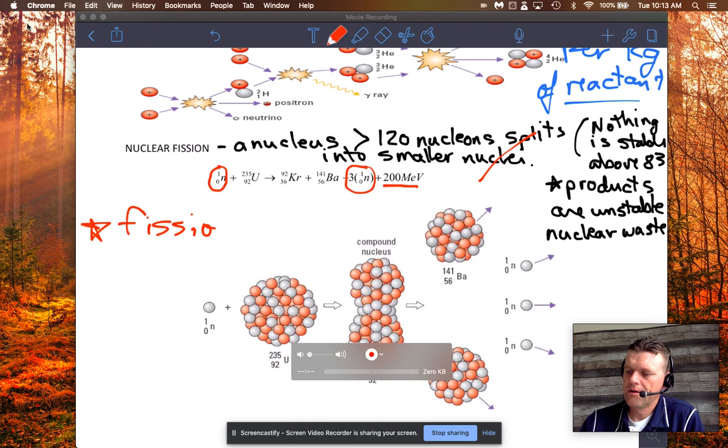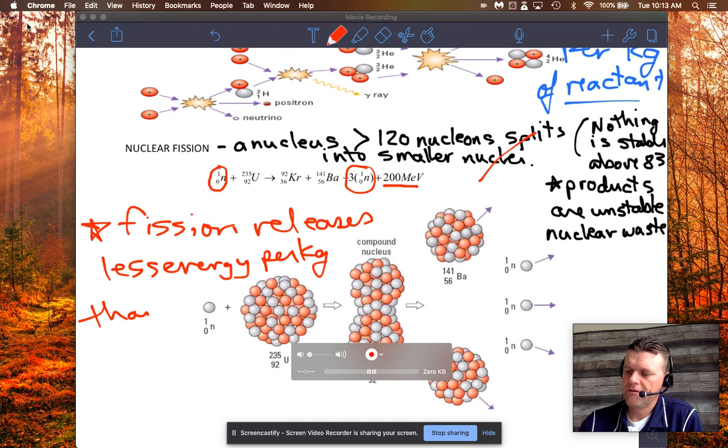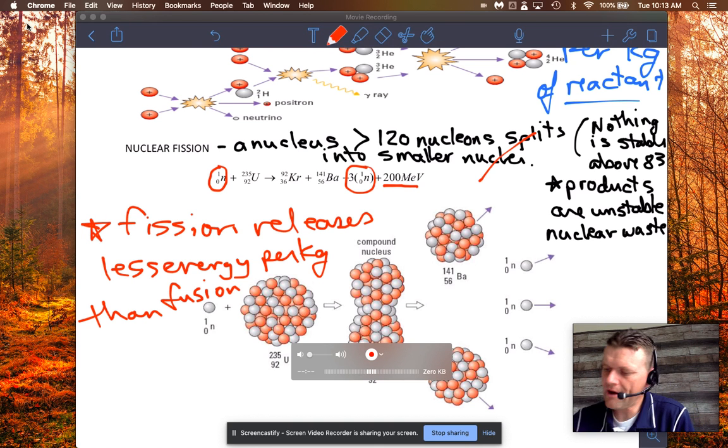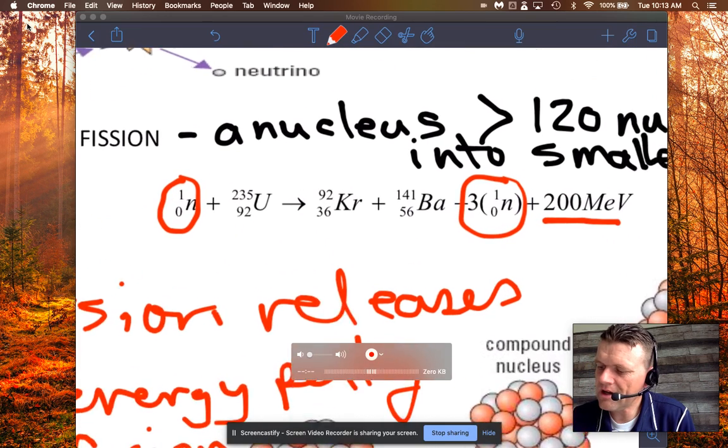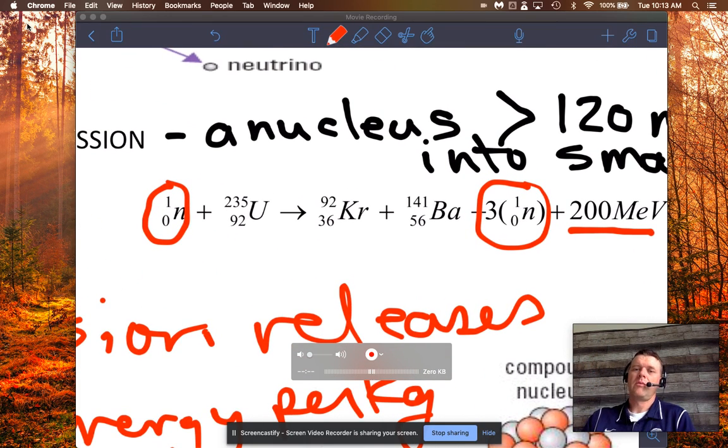Fission releases less energy per kilogram than fusion. And the reason for that is, look, you need a massive particle. You need U-235, a really heavy element. 235 nucleons, 92 of those are protons, obviously.